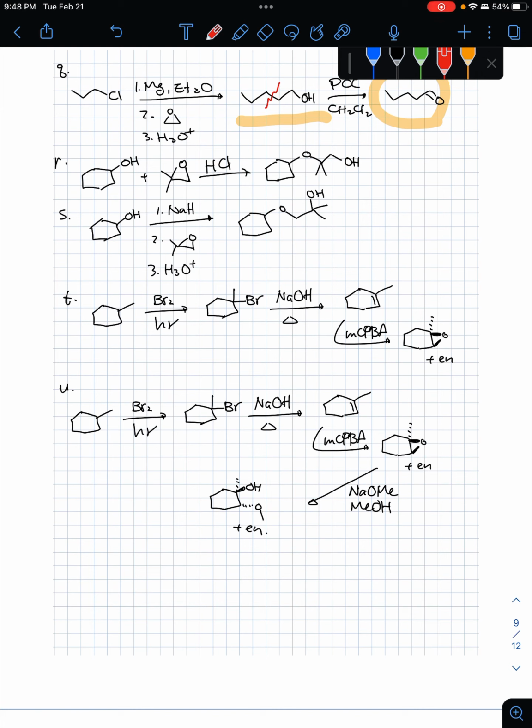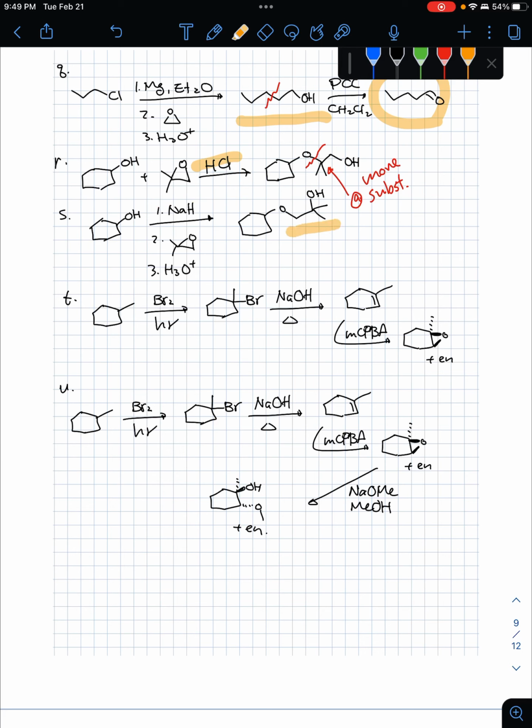For R, this also seems to be an epoxide opening situation, except one thing we need to be careful about is the epoxide seems to be opening at the more substituted site. Remember, that only happens under acidic conditions when the epoxide is positively charged, and that's why we have the acidic condition here, okay?